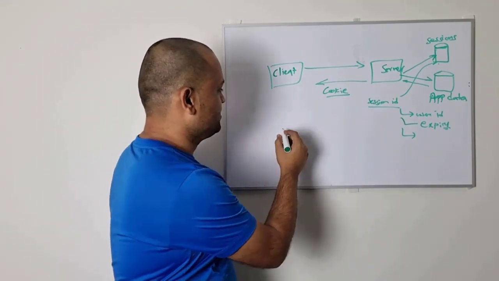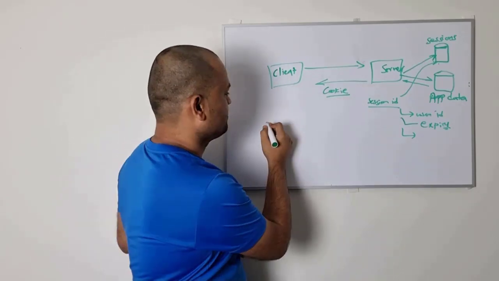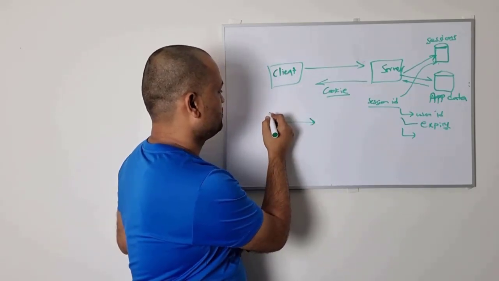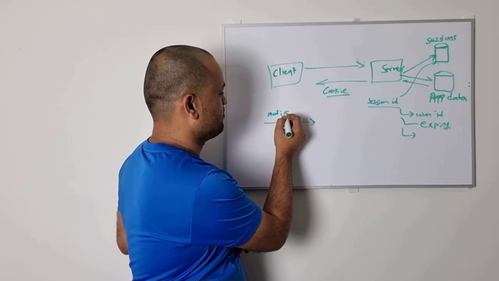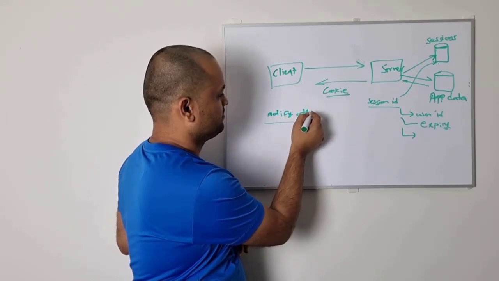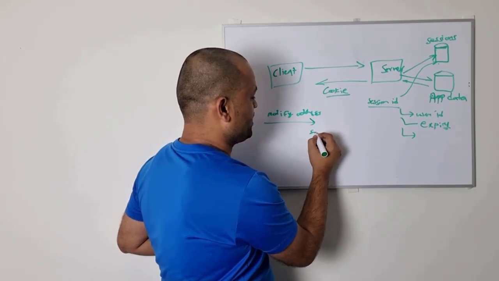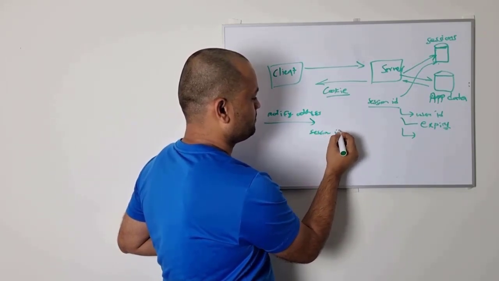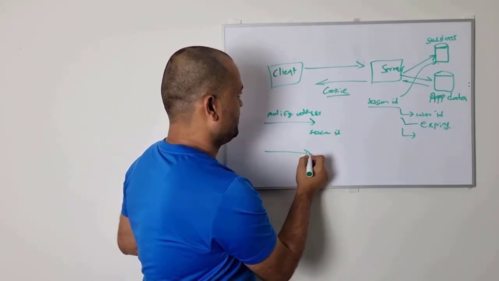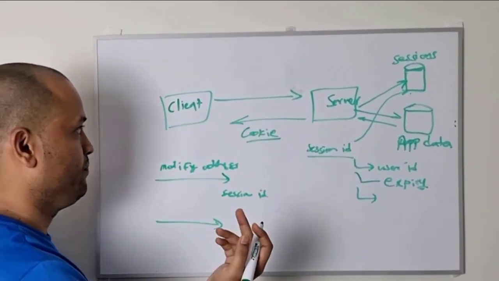So the client makes, say, 5 requests, say to modify address. For example, it wants to modify the address. So it sends the request. So at this point of time, the session ID is sent. Okay. Then let us say this particular client wants to make the payment.